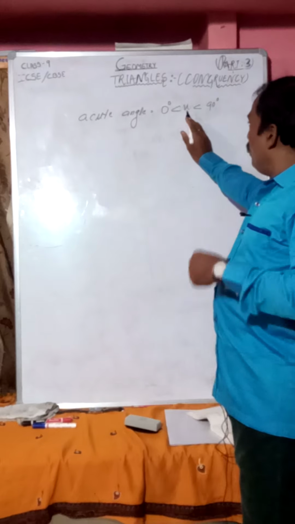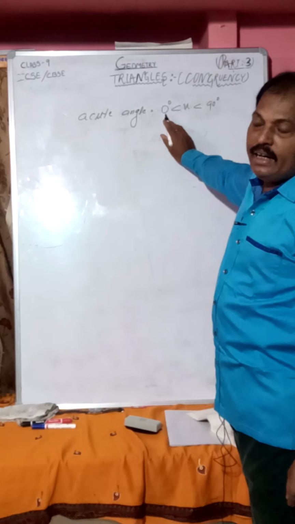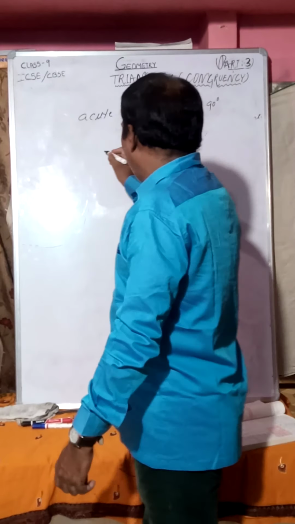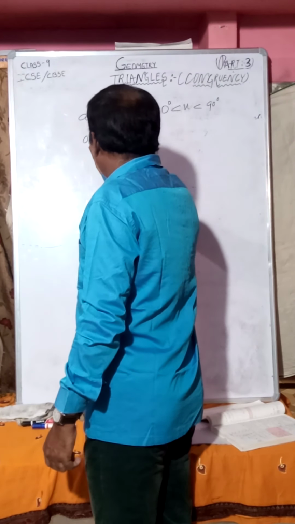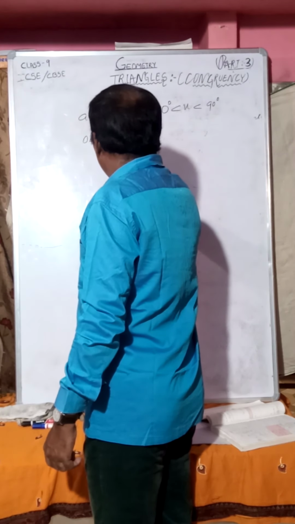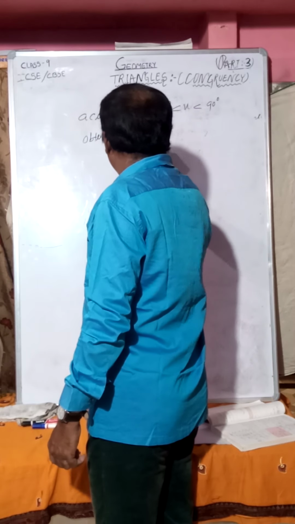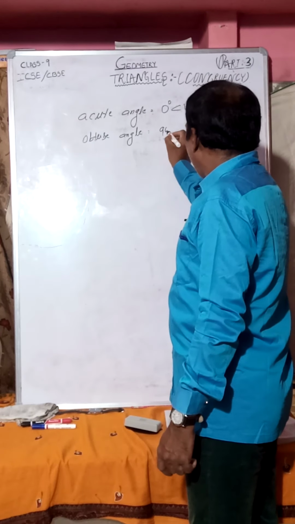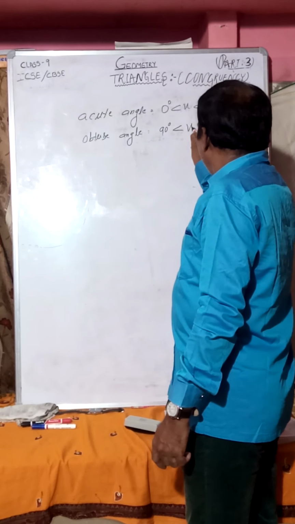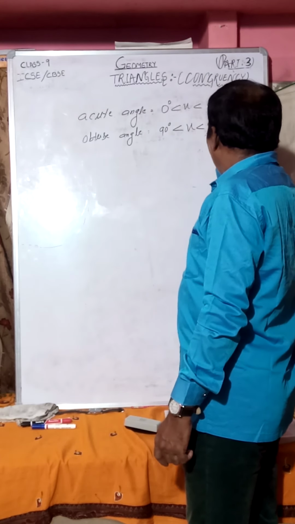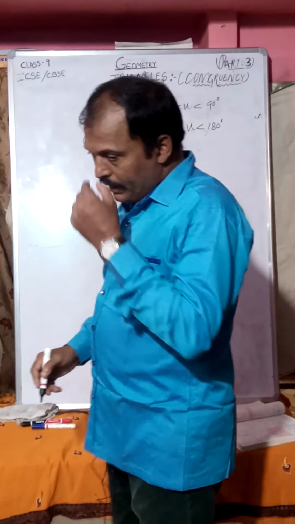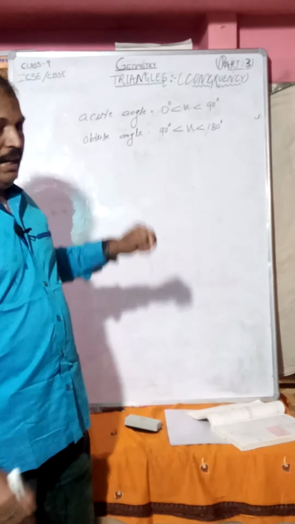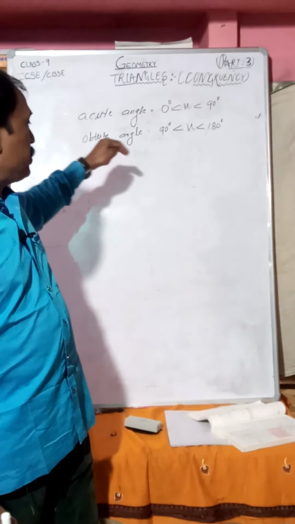Obtuse angle: the angle which is greater than 90 degree and less than 180 degree is obtuse angle.